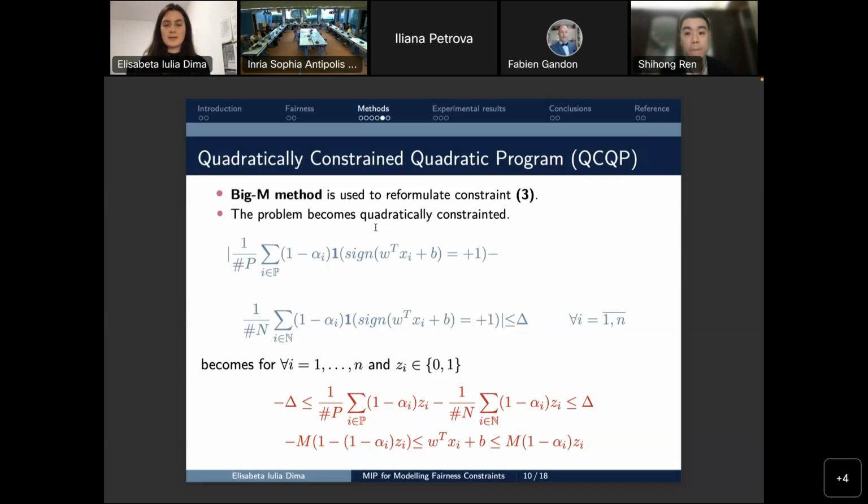It is equivalent to what we have in the above constraint, which is non-continuous, and this is done by adding a surplus variable M, which is relatively large.